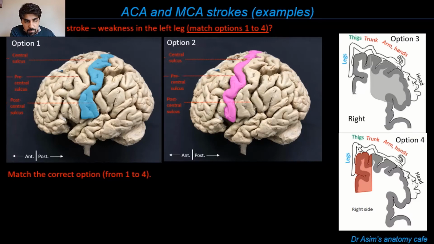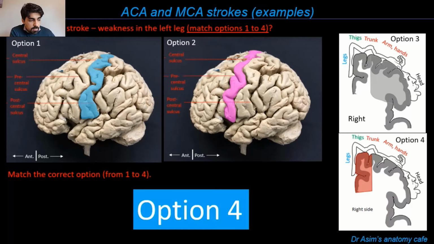We can see the sequential representation of the body parts on the cerebral cortex as well, which is known as the homunculus, a motor homunculus or a sensory homunculus. And since the weakness is involving the left leg, that means that this region over here is impaired because of an involvement, let's say, of the anterior cerebral artery, and hence option 4 would be the correct answer in this case.